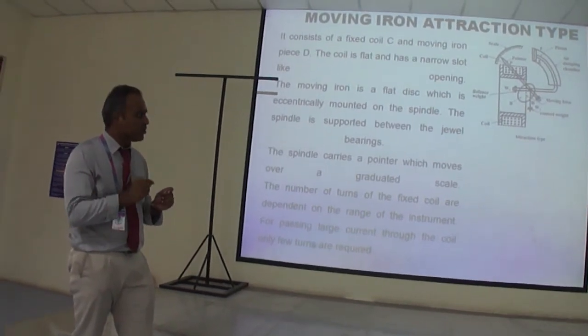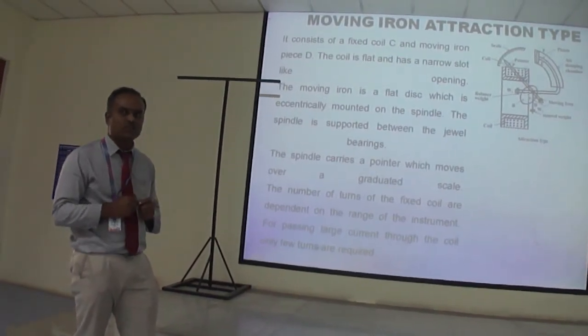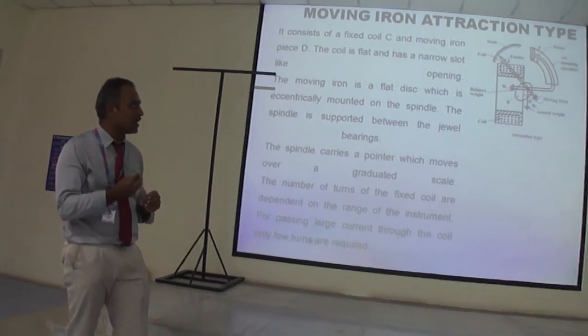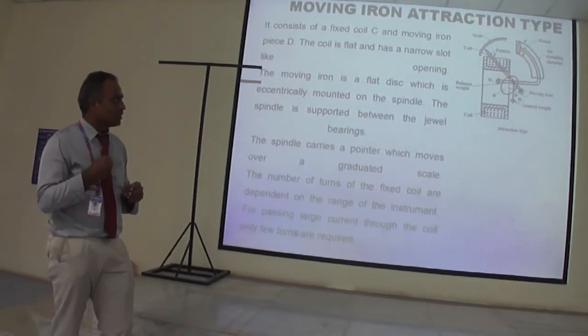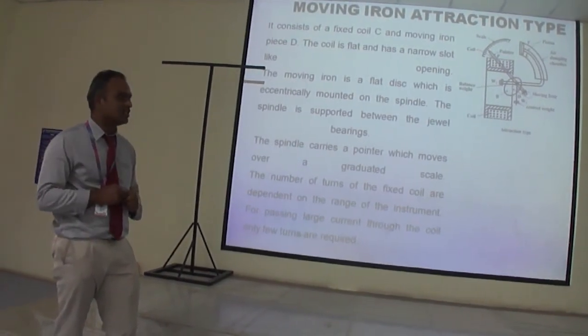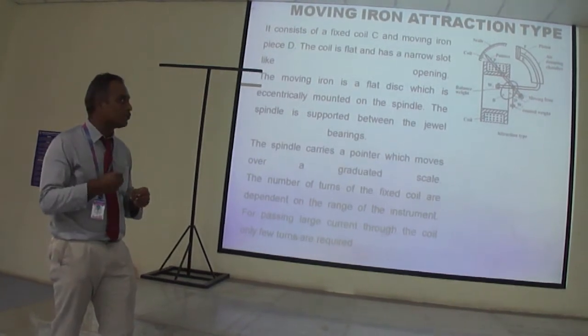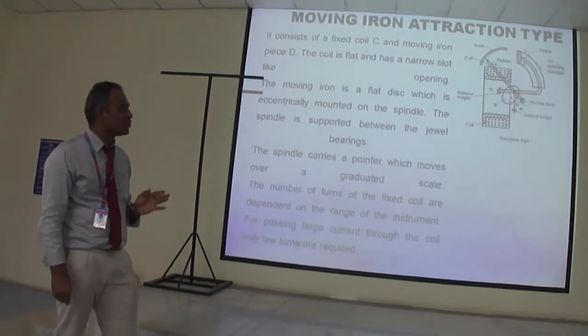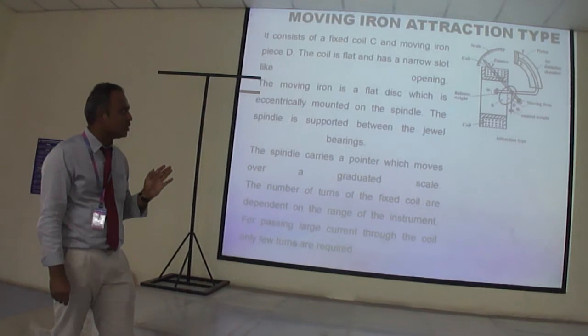So when this iron bar is brought very near to the fixed coils, the iron bar gets attracted by the field coils. Due to the attraction force, the pointer shows the corresponding values of the current or the voltages.